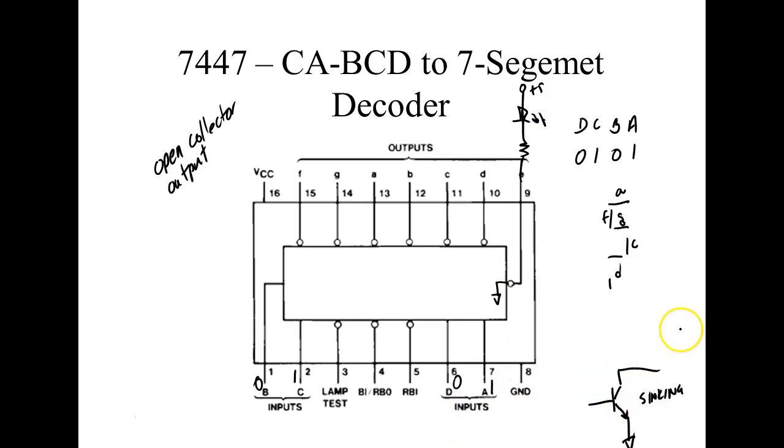When this output goes high, it cuts off. We no longer have our ground. Now the LED turns off. So I don't have to provide the high, but we hook the 5 volts up to the LED itself. So this guy doesn't need to provide a high. All he's got to do is provide the what? The ground. So these guys have open collector outputs.